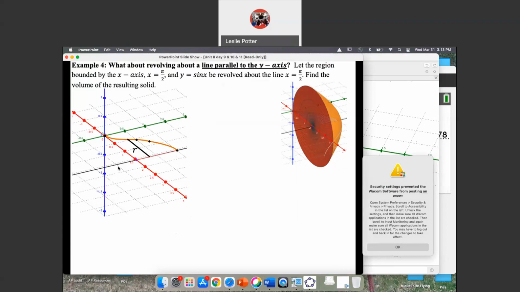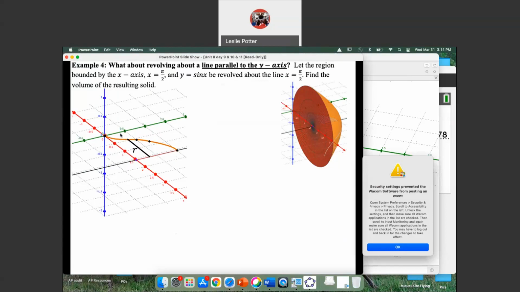So my radius again is defined from the axis of revolution out to the function. Now this is where it gets tricky because this radius, because we're measuring it from pi over 2, its length is pi over 2 minus the x coordinate. So remember, this point right here on the function is x comma sine of x.